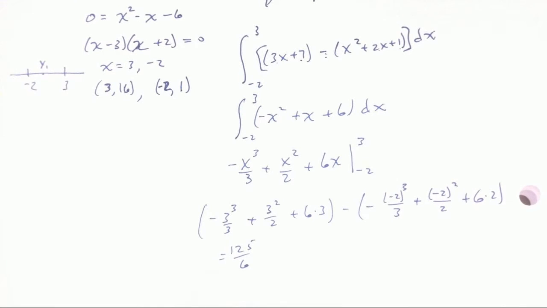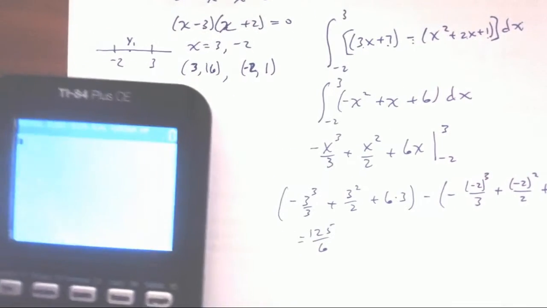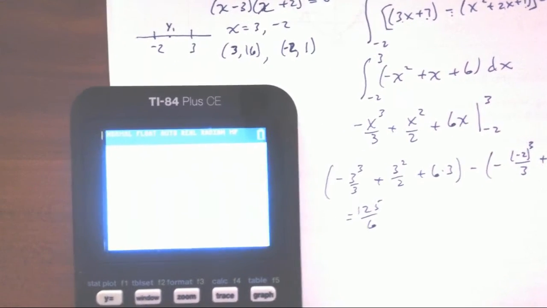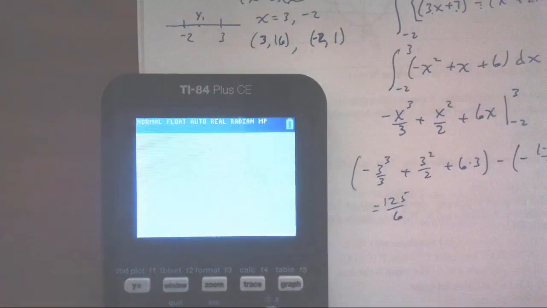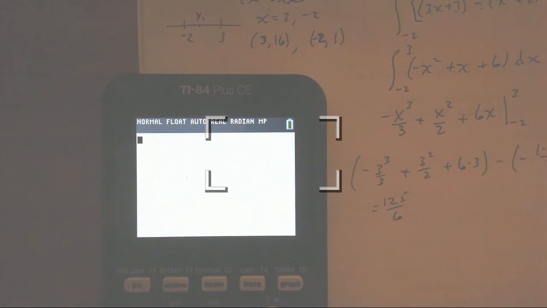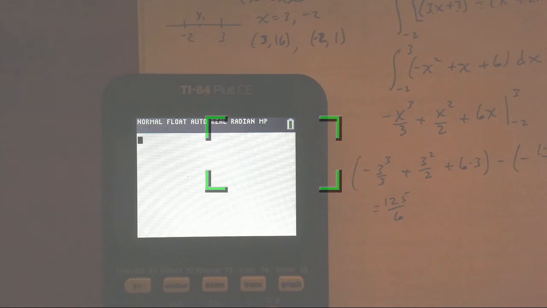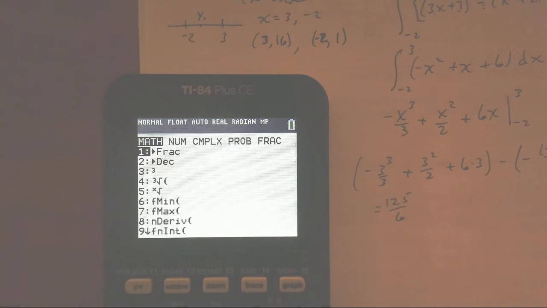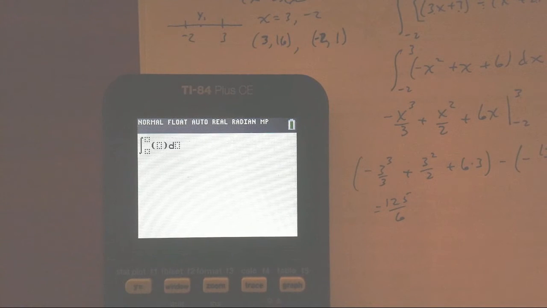After we go through all the calculations on that, that would be a good time for us to grab our calculator, and I'm going to go ahead and darken this so we can see. Let's go Math 9 FN int.